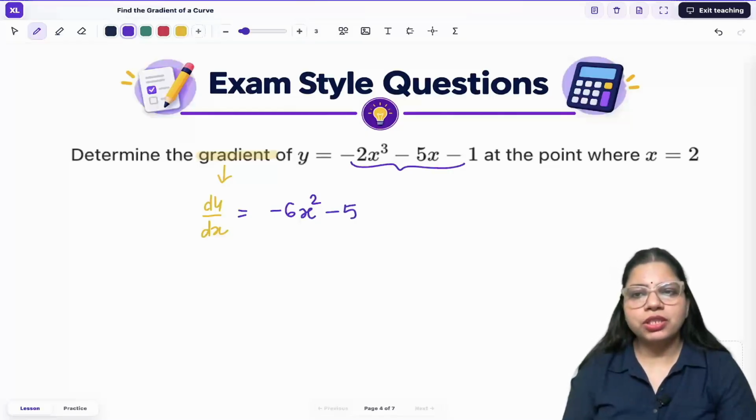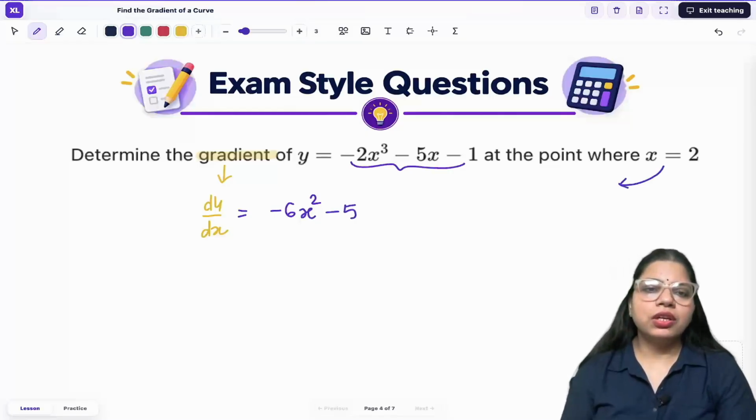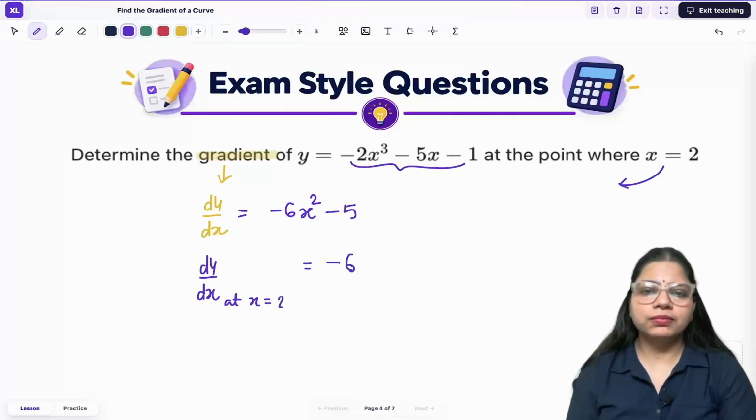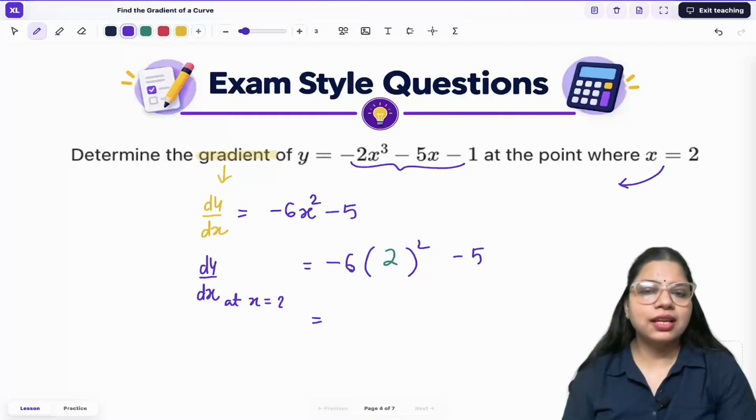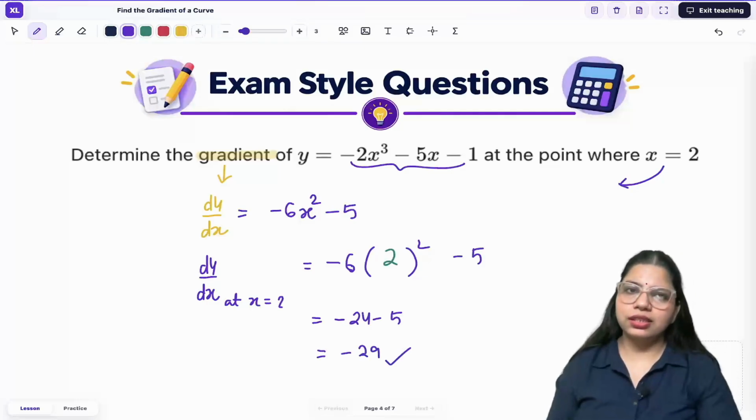Just substitute 2 there. dy by dx at x equals 2 will be minus 6 times 2 squared minus 5. 2 squared is 4, times 6 is a negative 24, minus 5. That gives us a negative 29. That's our answer.